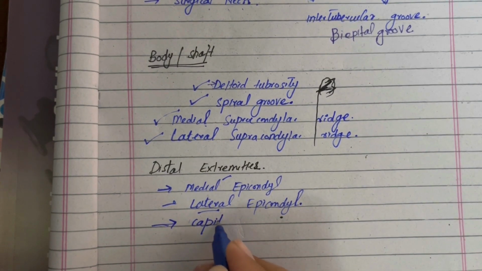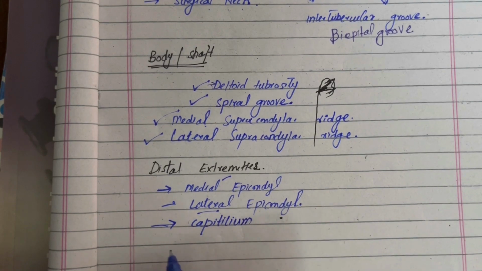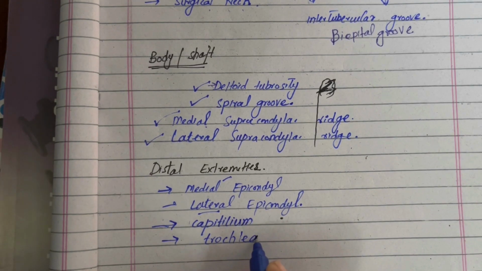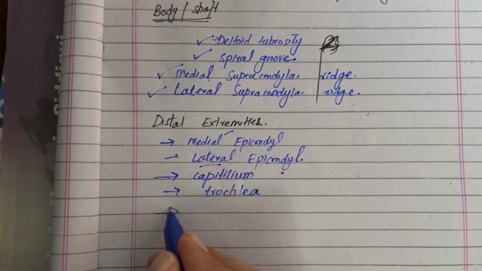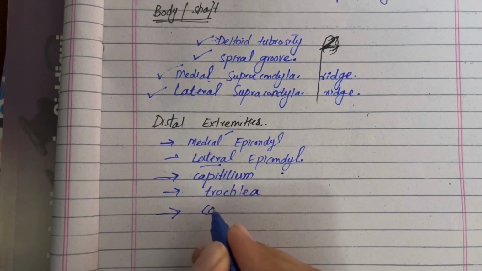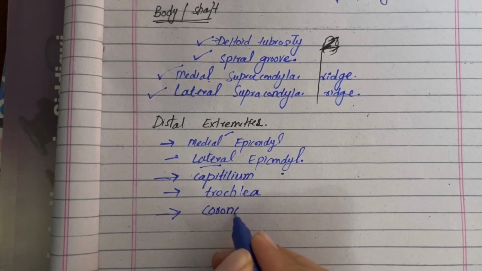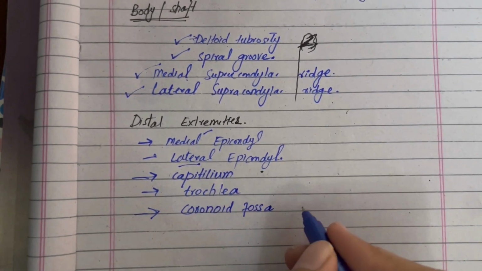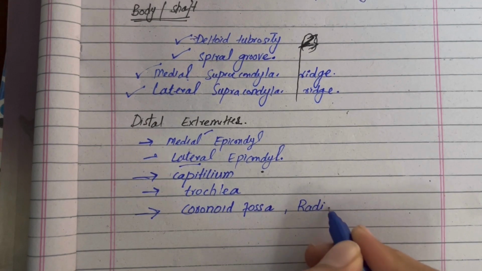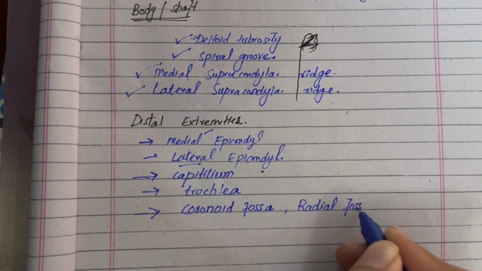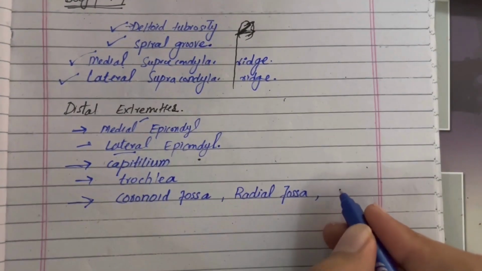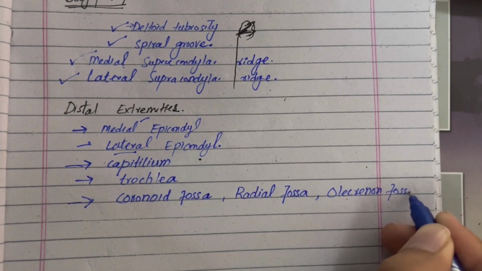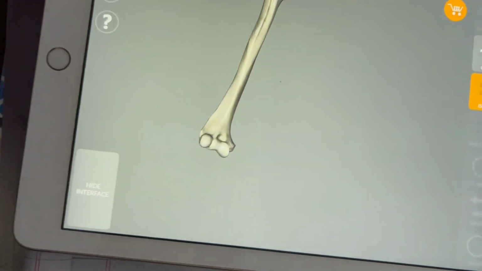Capitulum, trochlea, and we have three fossas: coronoid fossa, radial fossa, and olecranon fossa.